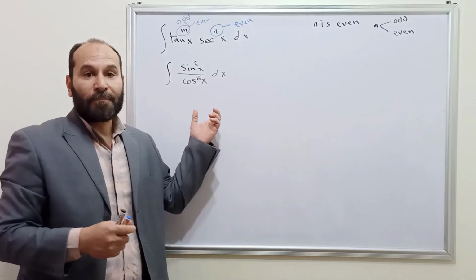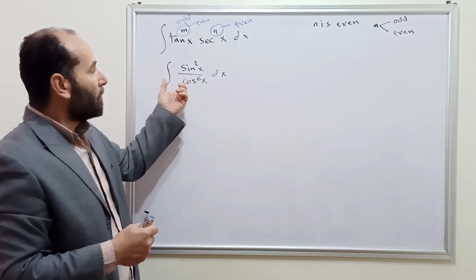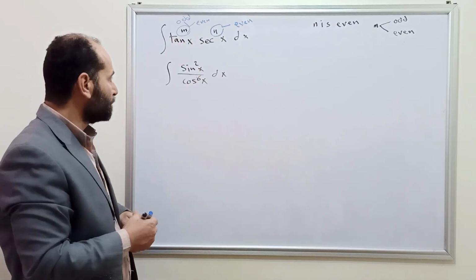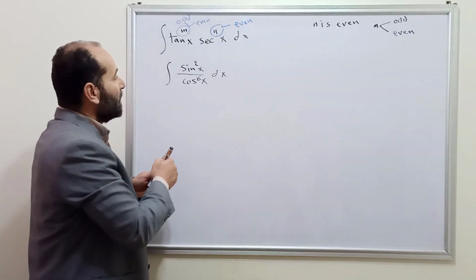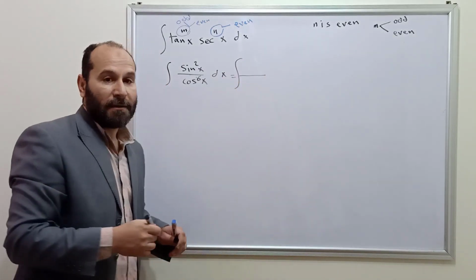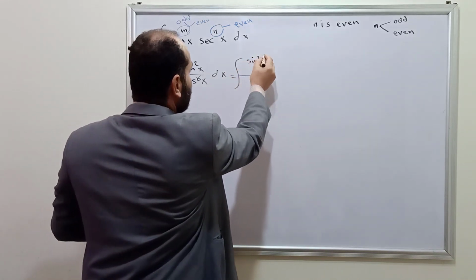In this case, we try to convert this form to tan and sec. So we divide the numerator and denominator by cosine squared x.